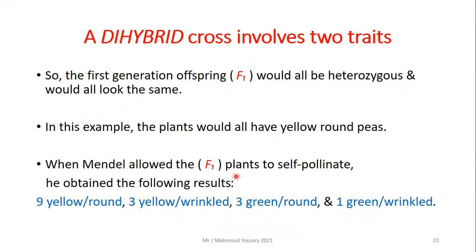Mendel allowed the F1 plants, which were all yellow round peas, to self-pollinate, and he obtained the following results. 9 plants have yellow round seeds, 3 have yellow wrinkled seeds, and 3 have green round seeds, while 1 has green wrinkled seeds.